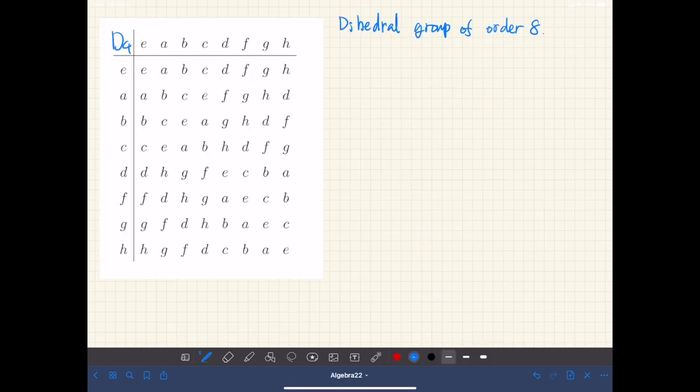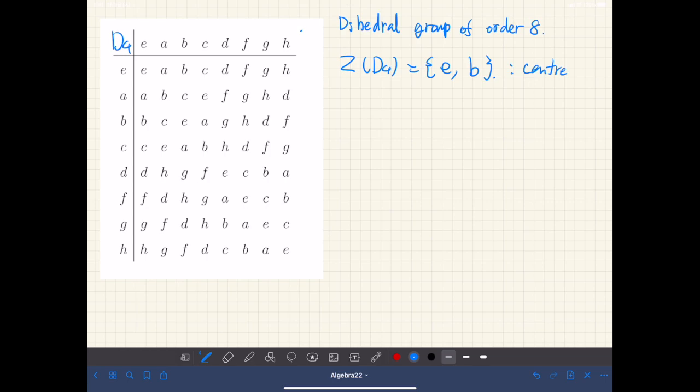Next, consider our favorite example, the dihedral group of order 8, defined by this Cayley table. We have seen before that the center of this group, Z(D4), is E and B. And we know that the center is a normal subgroup.